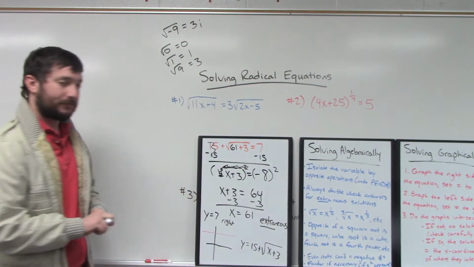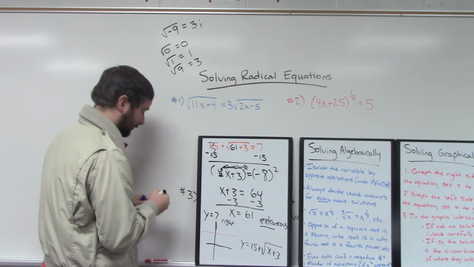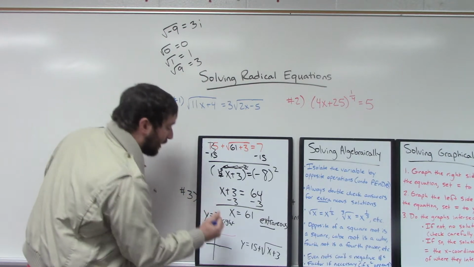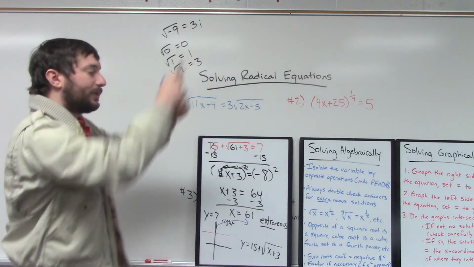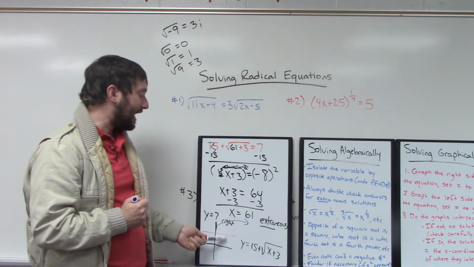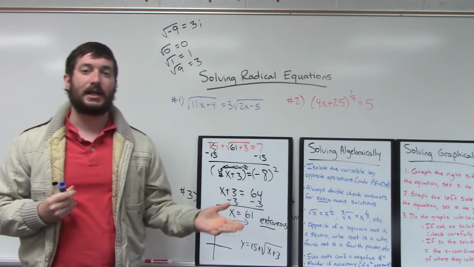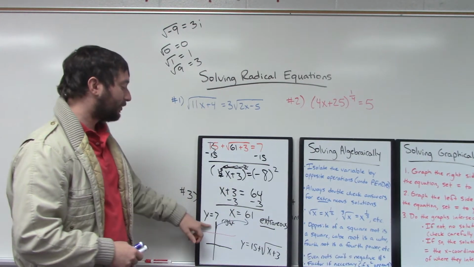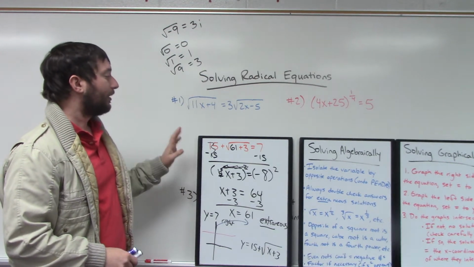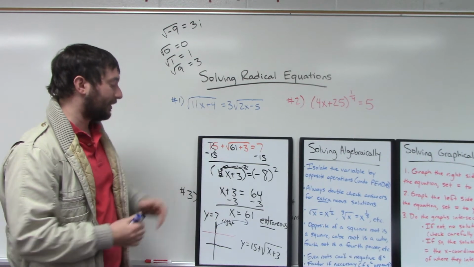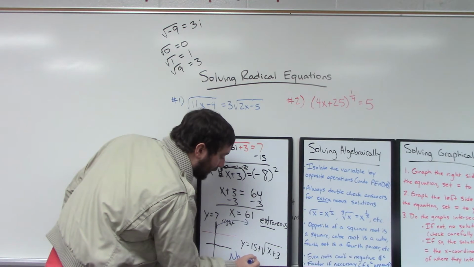If we graph this on the same graph, these graphs will not cross. This is how this graph will look. It heads up towards the right, it increases. These graphs never cross. And therefore, there's also not any solution to this problem. These graphs have to cross or intersect in order for there to be a solution. So, graphically and algebraically, those are both ways that you can see that there is no solution to this equation.